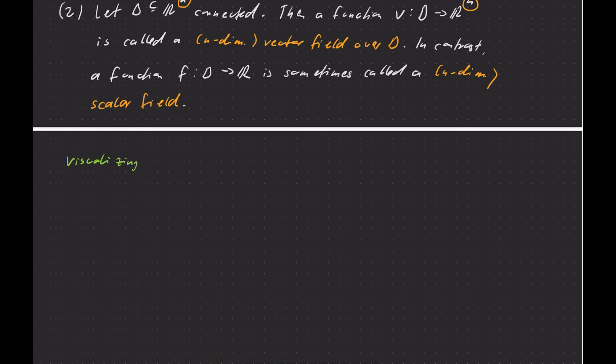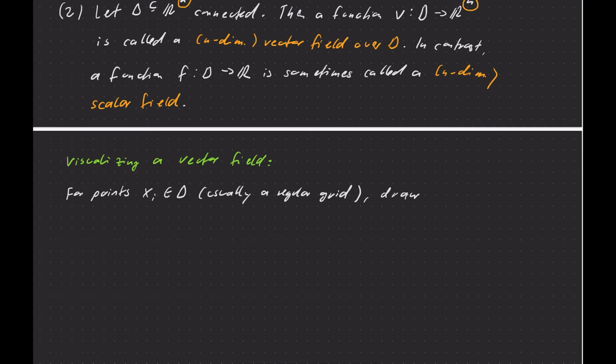Okay, so visualizing a vector field. What you do here is, for points xi in the domain D, usually a regular grid, draw the vectors v of xi anchored at xi for all points chosen.